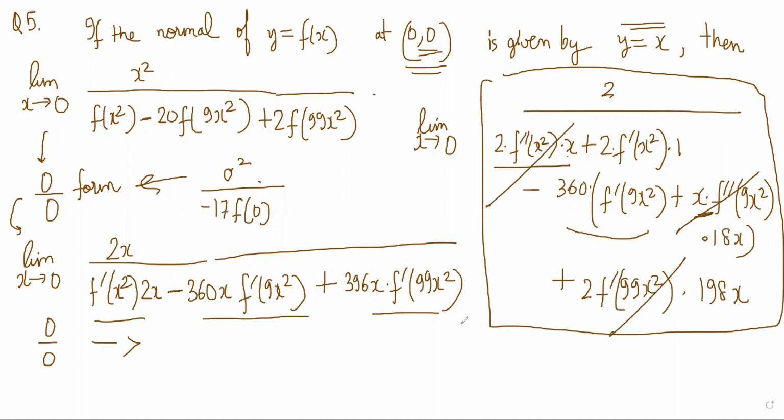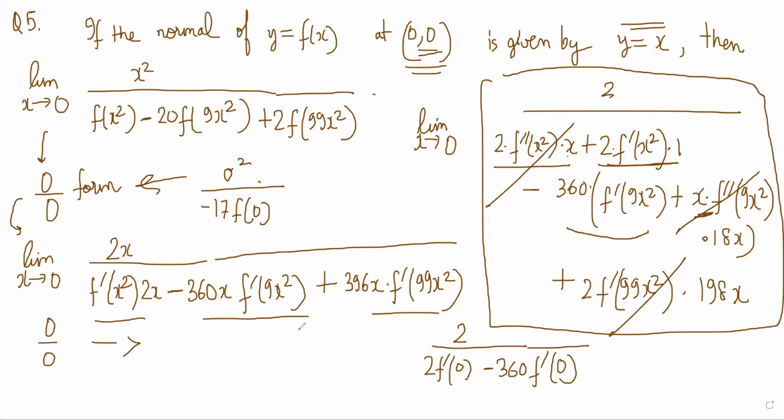So what we are getting is 2 f dash 0 minus 360 f dash 0, right? And we have found earlier that f dash 0 is equal to -1.